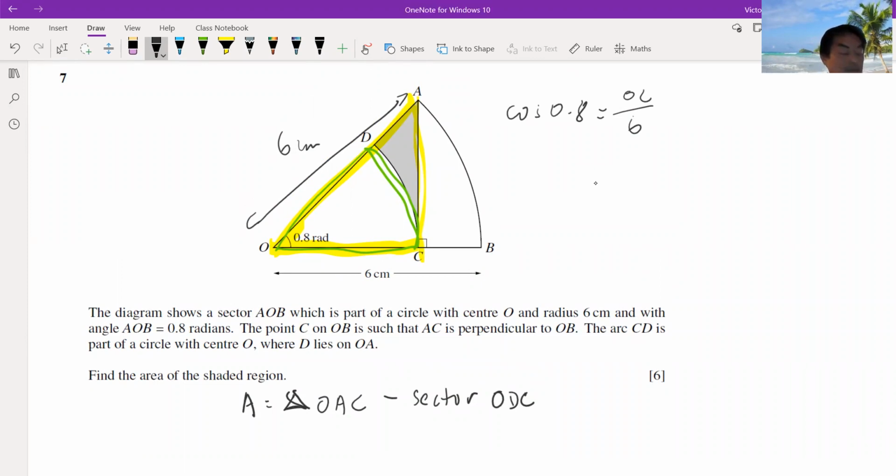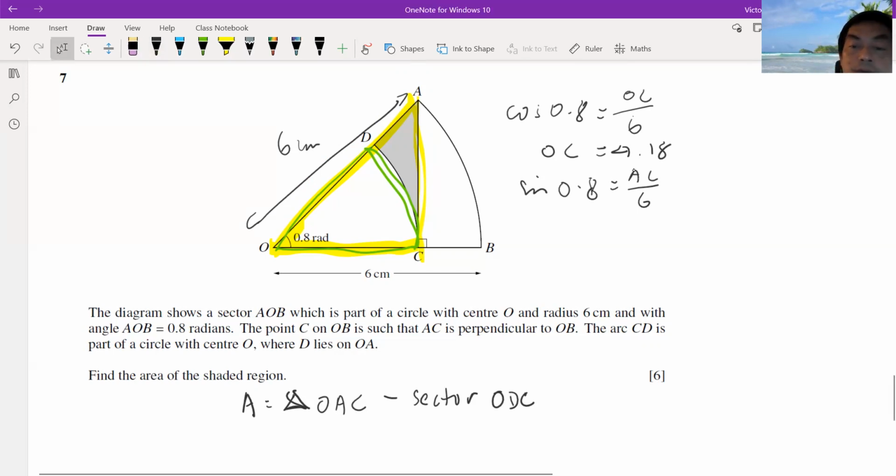So this is 6 times cos 0.8, which gives you 4.18, which is OC. Sin 0.8 equals AC over 6, so 6 times sin 0.8 is 4.304.